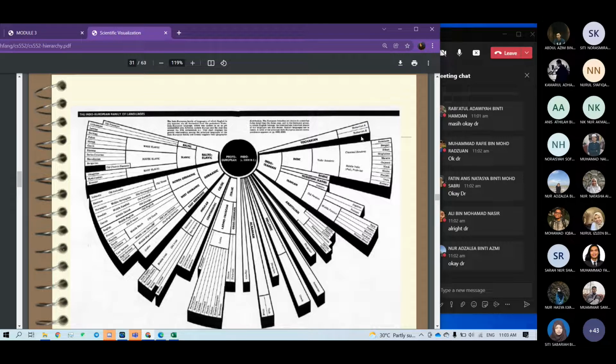Some have labels, probably because they have many branches here, so they have to be labeled. Okay, so the label does not count here. The length counts. The longer it is, it means more frequency.